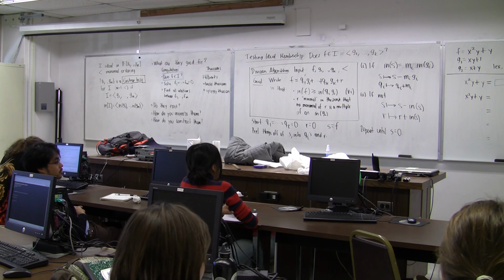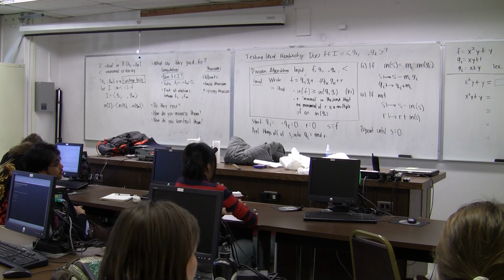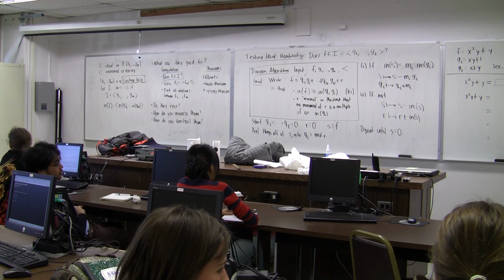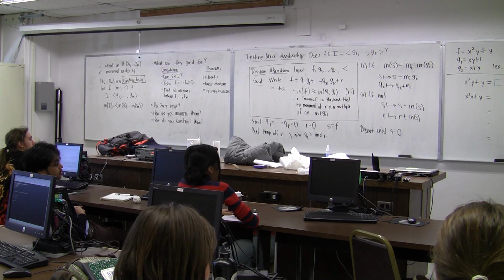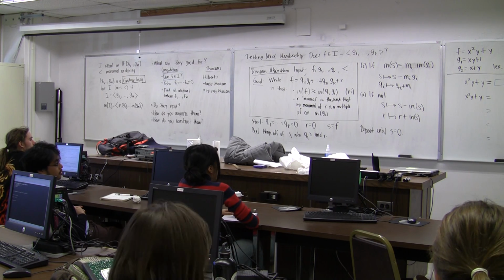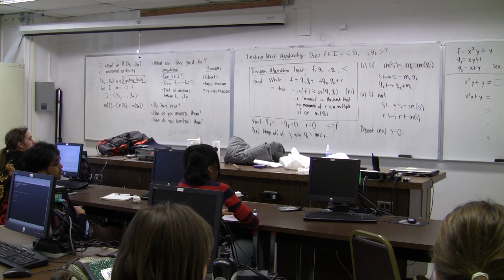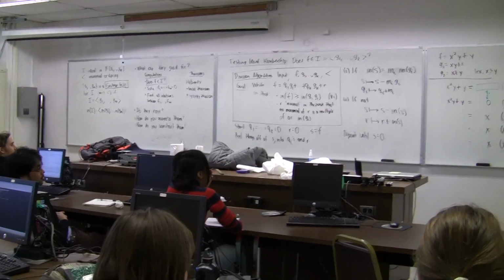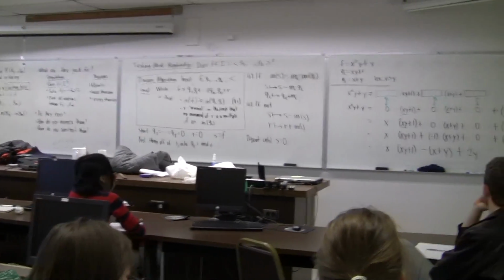So are there any questions about the division algorithm? Yeah? The second step, you decided to multiply x times xy plus 1. Could you have also used the second monomial? Right, so my next question was, does something worry you about this division algorithm? Not unique. The thing is that it's not unique.